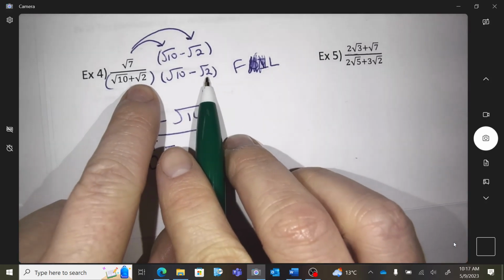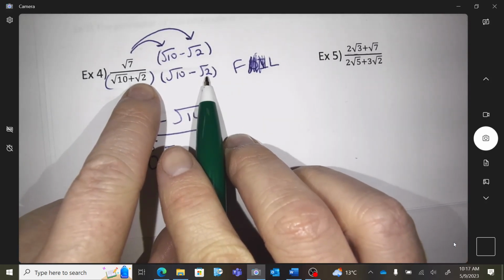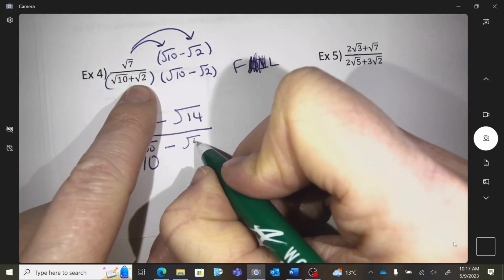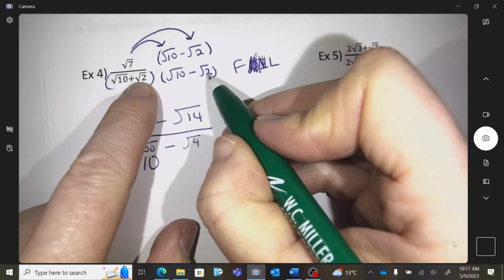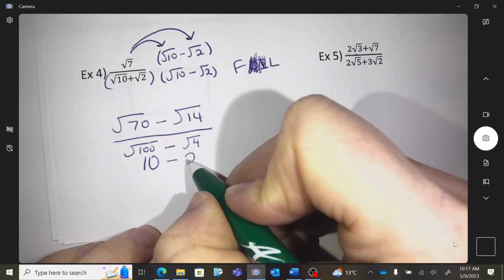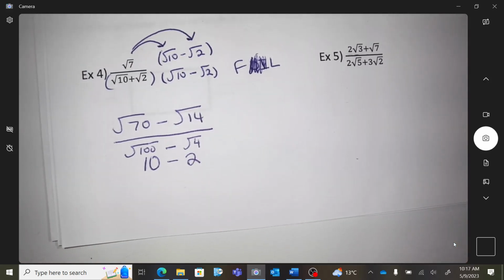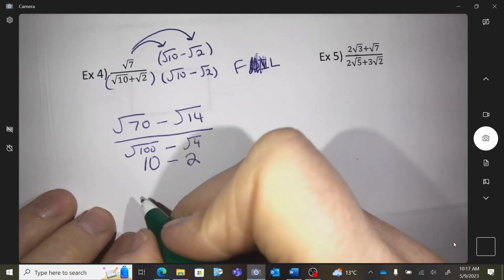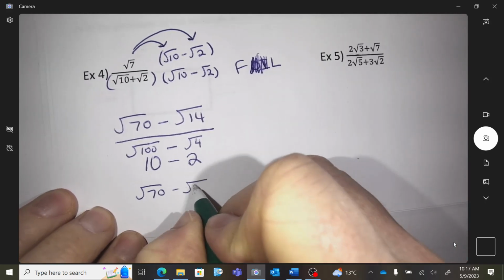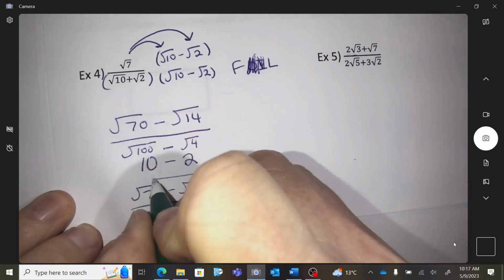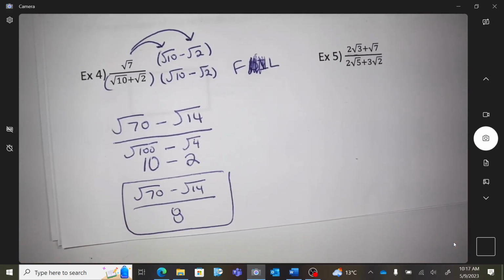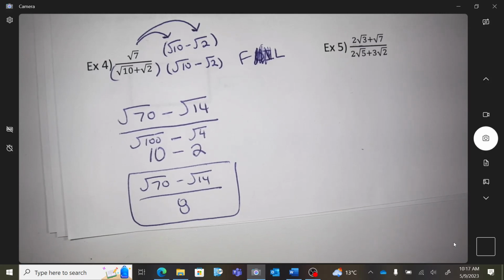What's the last times the last? Square root 4, or if you understand root 2 is just whole number 2, just go there. Look at that. We ended up with no radicals in our bottom.